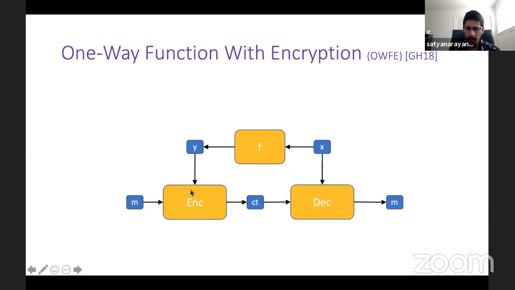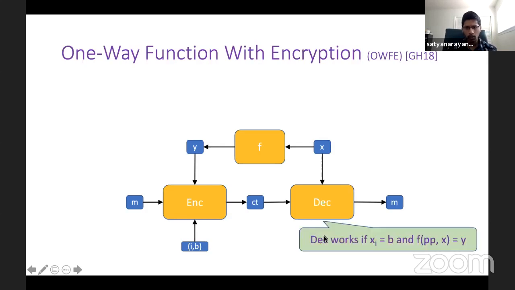Here, y acts as an encryption key and x acts as a decryption key. In addition, the encryption algorithm also takes an index i and a bit b as input. The decryption algorithm works if x is a preimage of y and if the ith bit of x equals b. So not every preimage of y works for decryption, only specific preimages of y work.